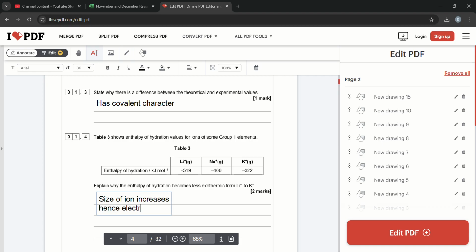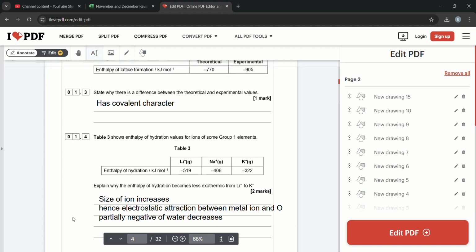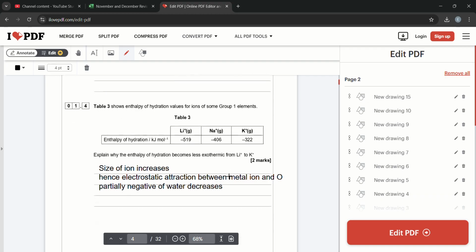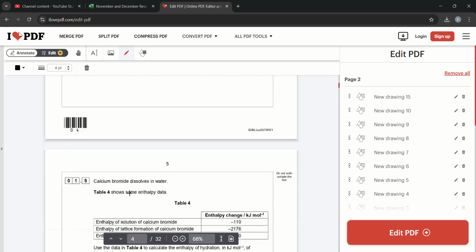Hence the electrostatic attraction between the metal ion and the oxygen, which is partially negative, of water decreases.